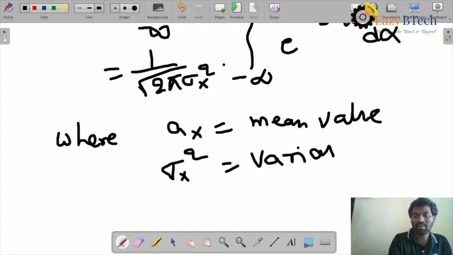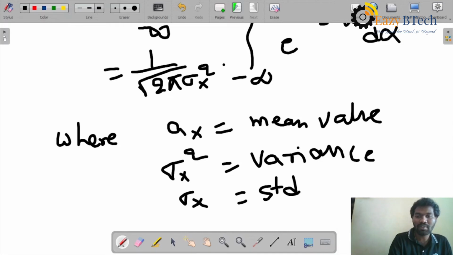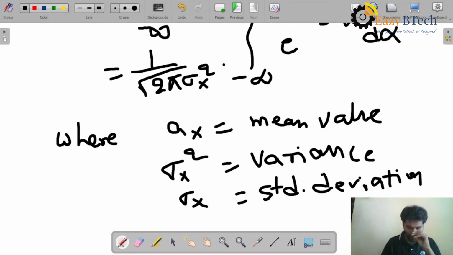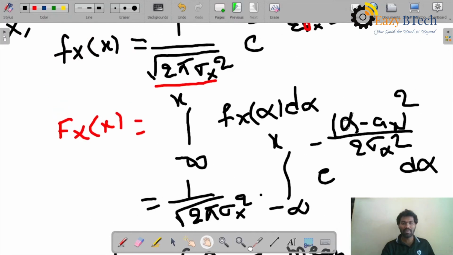The square root of variance is always the standard deviation. These are the two variables we have to remember: ax means the mean value, and sigma x square is the variance.